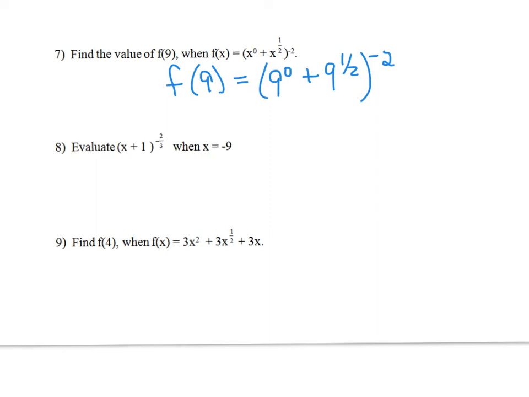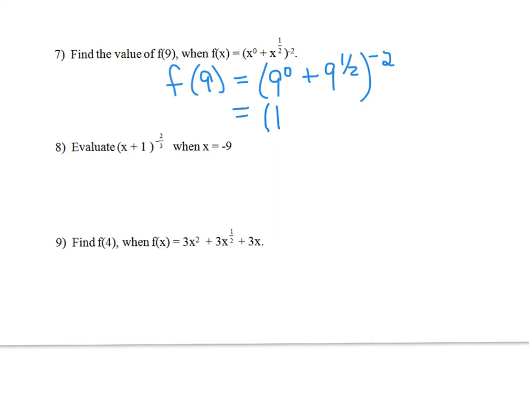Again, always when I've got a sum inside of a parentheses, I have to evaluate the inside before I raise to a power. So don't get this confused with our power rule where I raise each exponent on the inside to the outside. That only happens if I've got a product on the inside. When I have a sum, I've got to simplify the sum first.